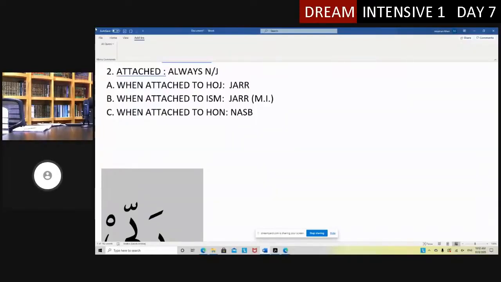We can have a harf of nasab, then we can have whole sentences before we get the ism of the harf of nasab. That's what we mean by long distance. So the ismu inna, for example, doesn't have to come right after inna. You can have something in between them. I hope that was clear.